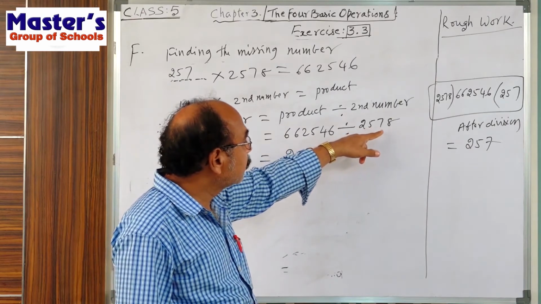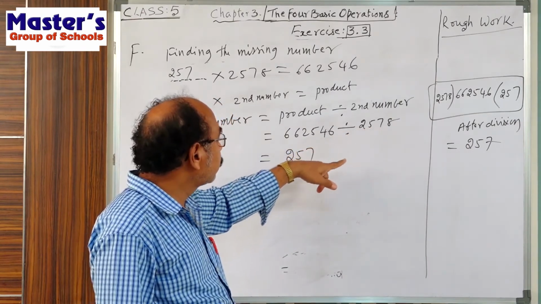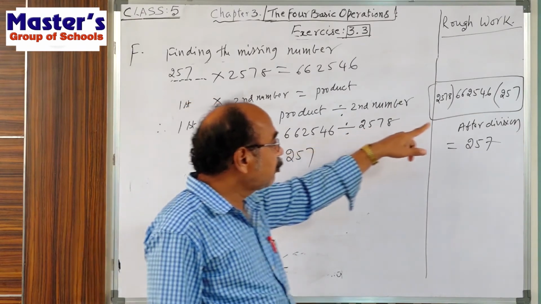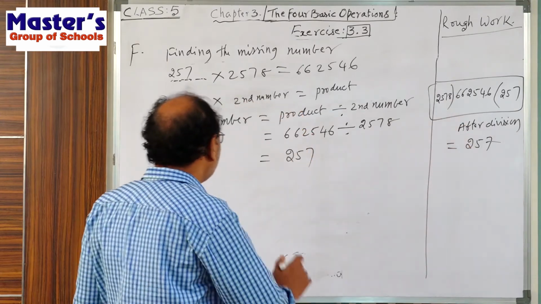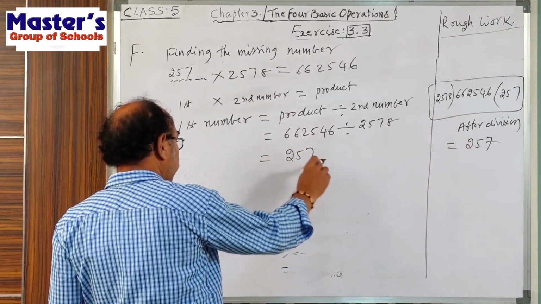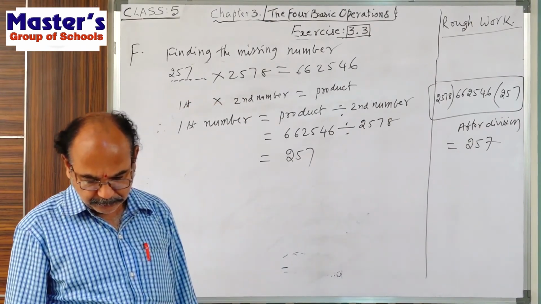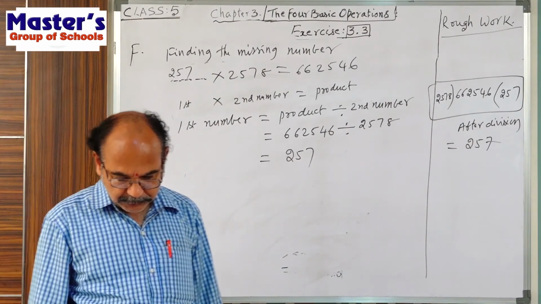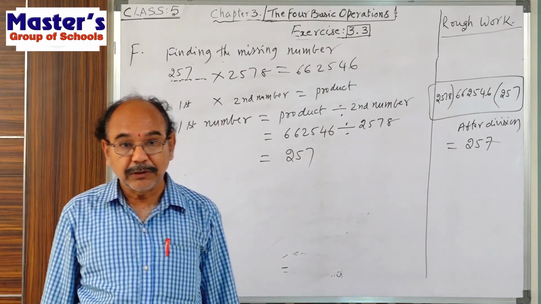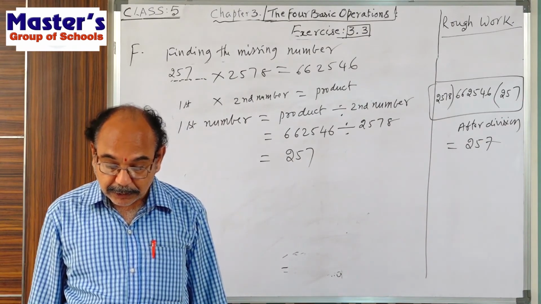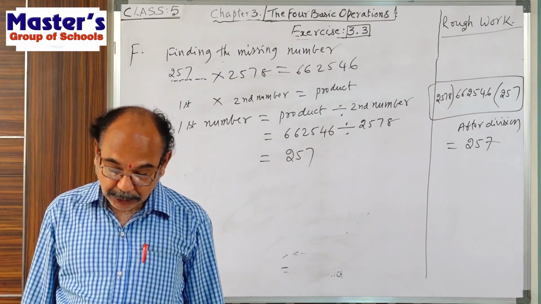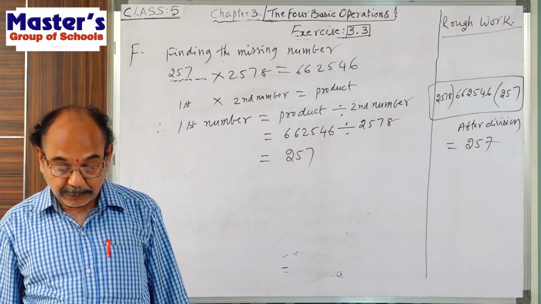What is the second number? 2578. After division, how much did we get? 257. So, we take the first number as 257. Look at the right side. Now we can go to some more working sums.